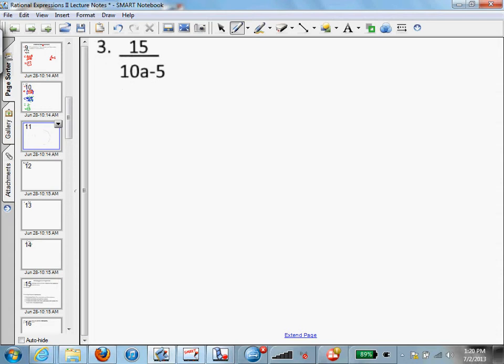Looking at number 3, we have 15 over the denominator, 10a minus 5. Now we can factor, and we can think of this as everything is divisible by 5.